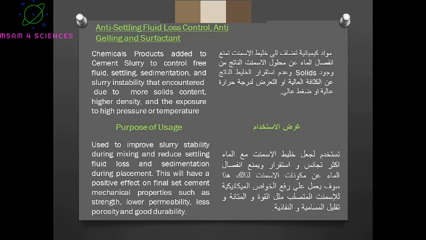The function of this product is used to improve slurry stability during mixing and reduce settling, fluid loss, and sedimentation during placement. This will have positive effect on final set cement mechanical properties such as strength, low permeability, low porosity, and good durability.